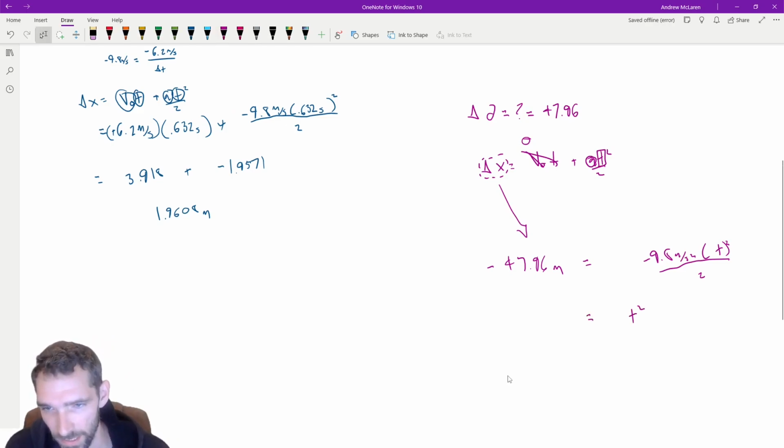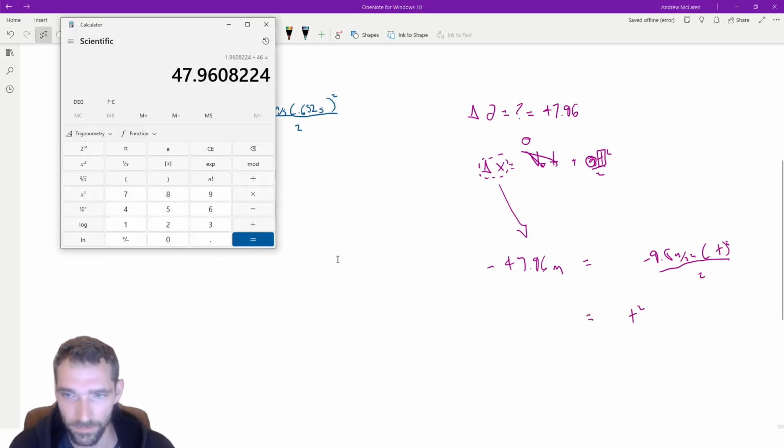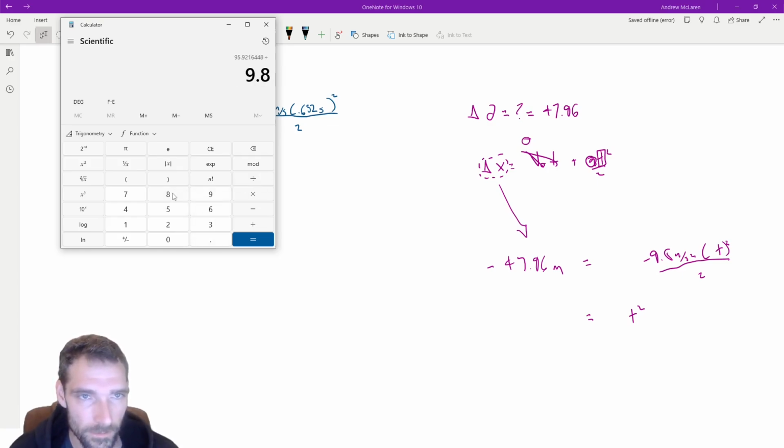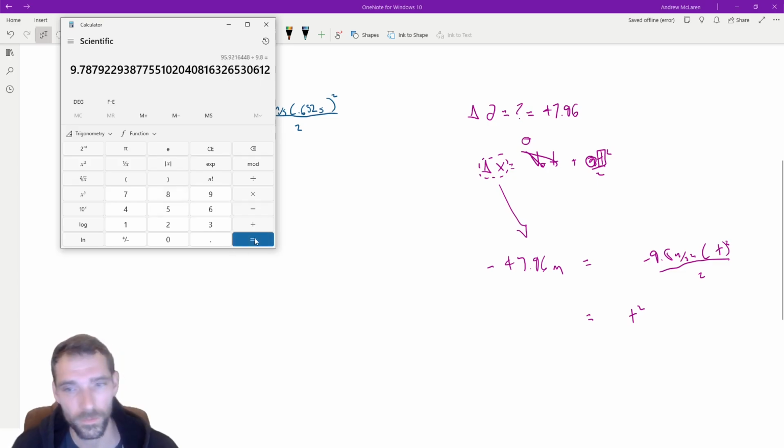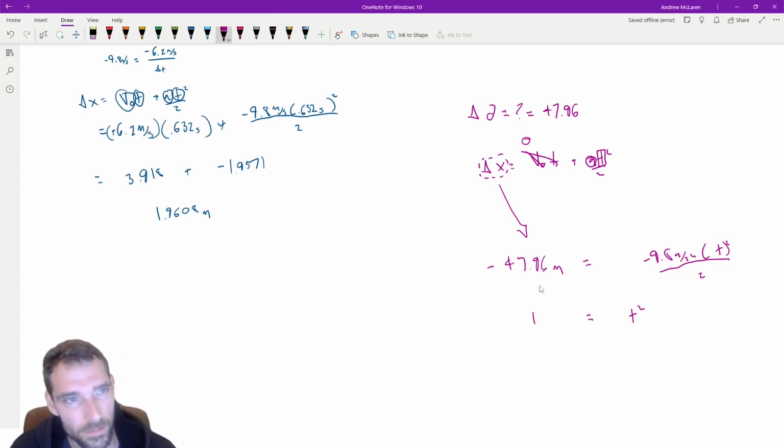I usually try and isolate for the t squared, just to give myself something I can check. So we've got that 47.96. We're going to times that by 2, and then divide that by 9.8. So I'm getting 9.78 something for the t squared.